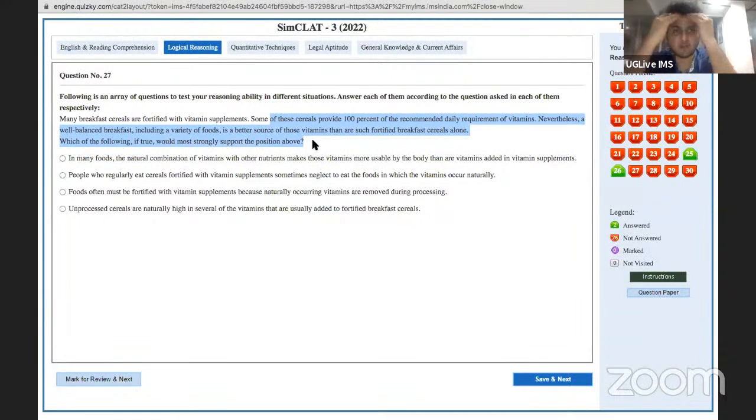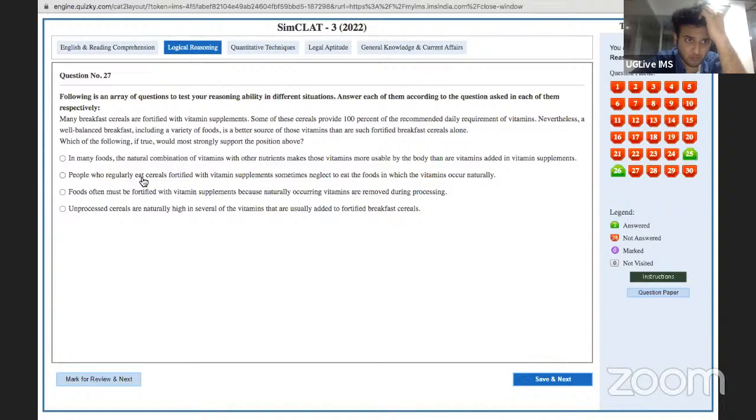Okay. Many breakfast cereals are fortified with vitamins. Some of these cereals provide 100% of recommended daily requirement of vitamins. Nevertheless, a well-balanced breakfast includes a variety of foods. Strongly support natural combination with other people who regularly sometimes neglect to eat the food in which often naturally.